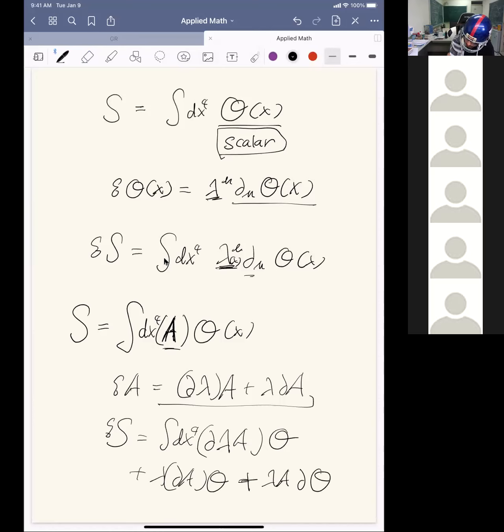Because the O will transform in this form. Then this is partial lambda A. Sorry, I should write it like this.